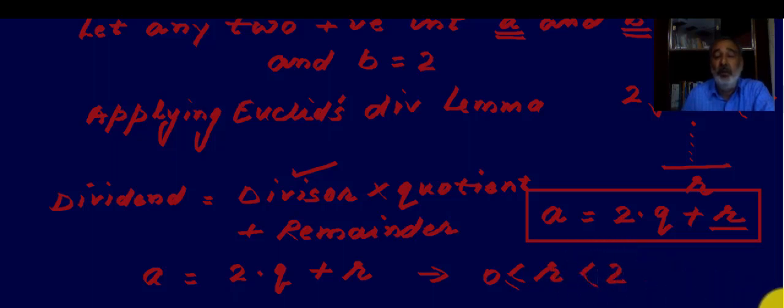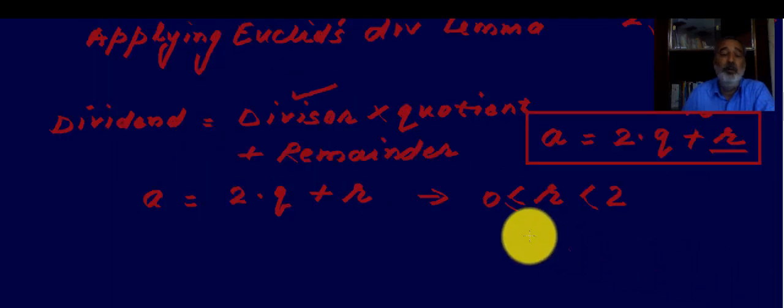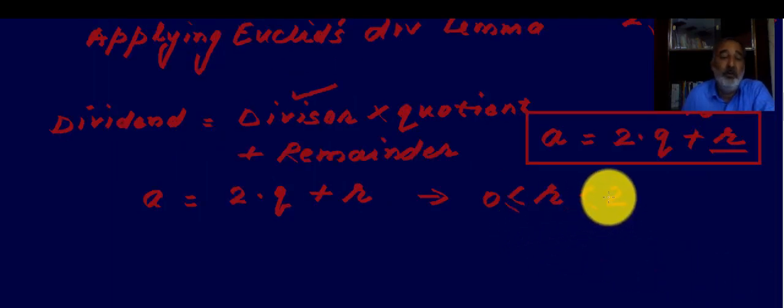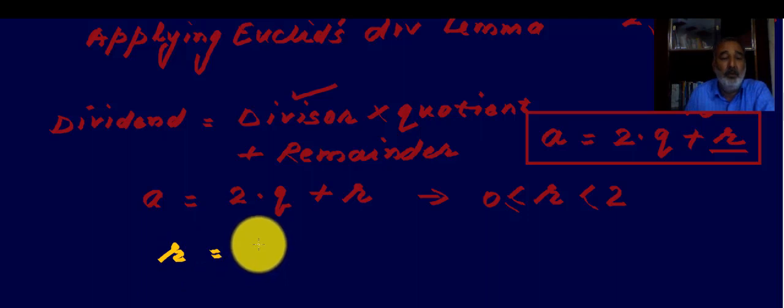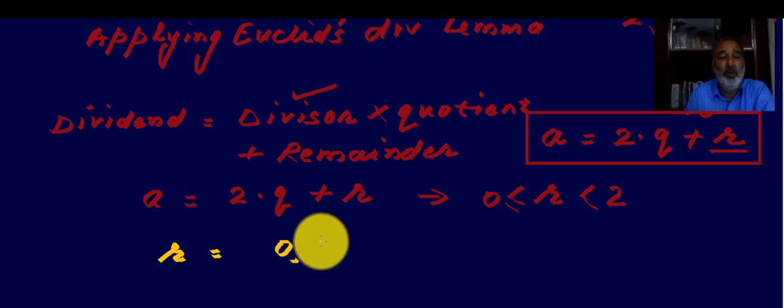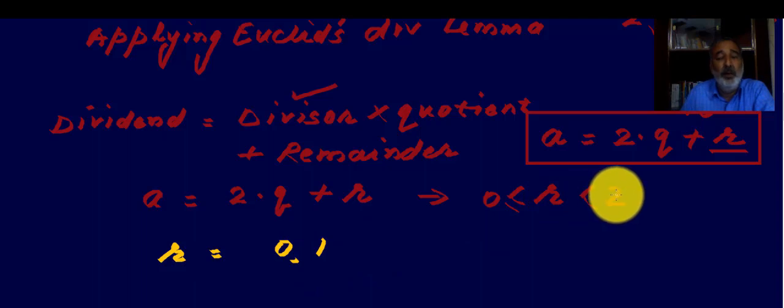So there are possible values of r now. r can have r equal to 0, or what can r have, value equal to 2?